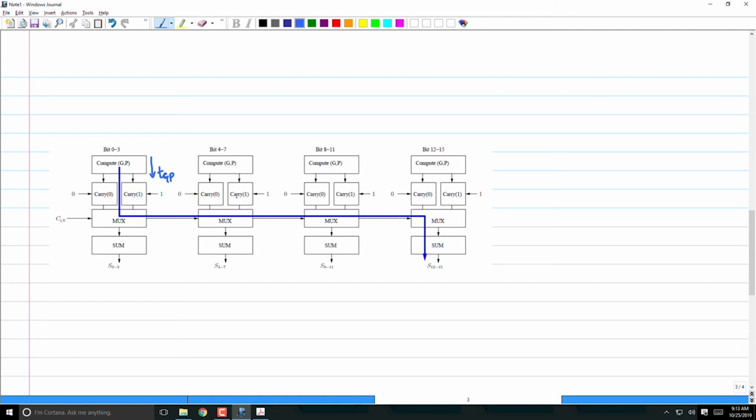So now, what mode of operation should each of these full adders be in?